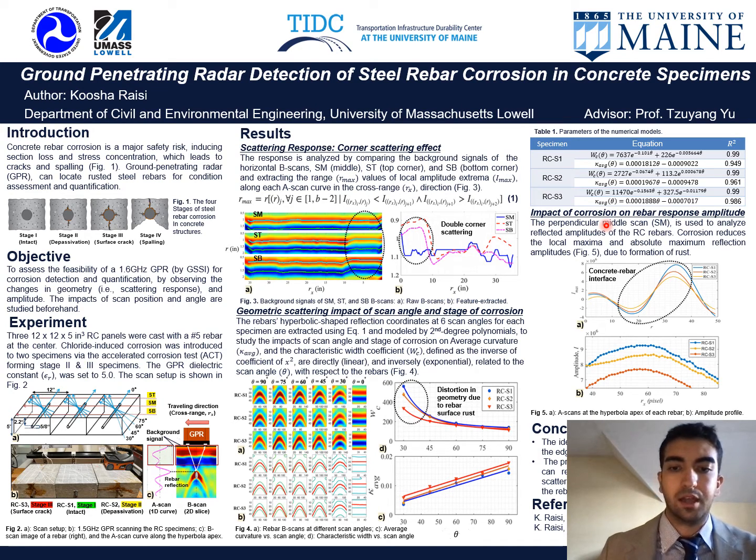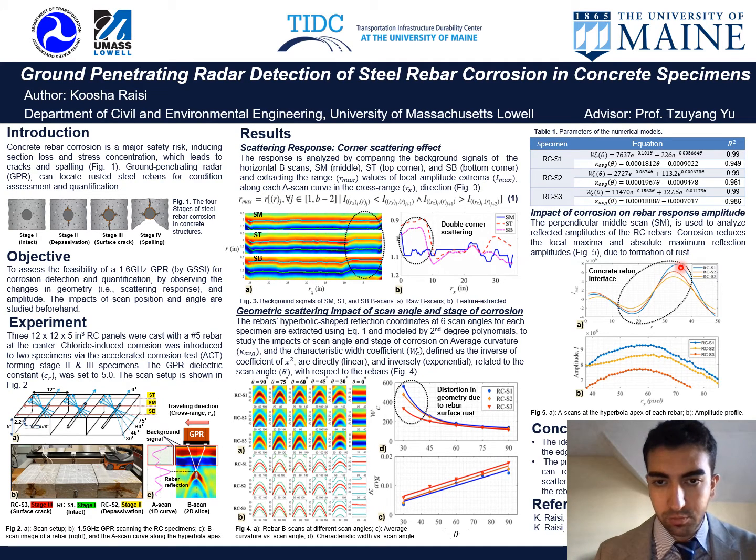So we talked about the combined effect of geometry and angle. We know that in the middle, at the right angle, we have the best scanning position and angle. In a single A scan on top of the rebar, we can see the amplitudes in the phase change at the interface between the rebar and the concrete for stage 1, 2, and 3 shown here.